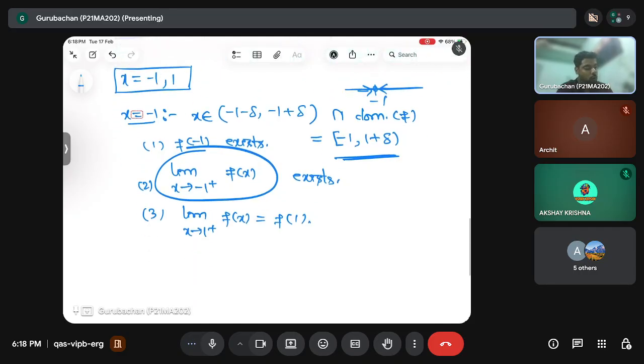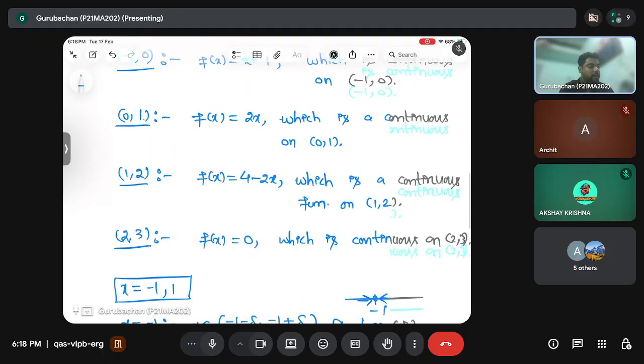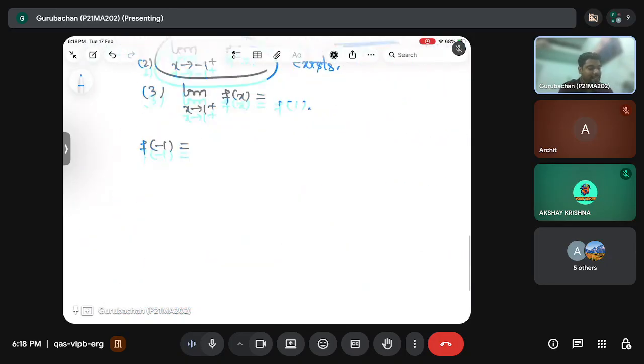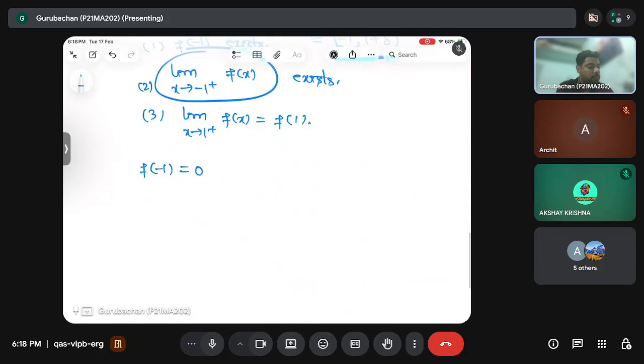Now what is f of minus 1 from the graph? Tell me. 0. So obviously it is defined, so existing, point number 1.